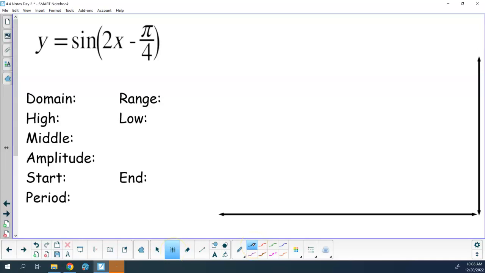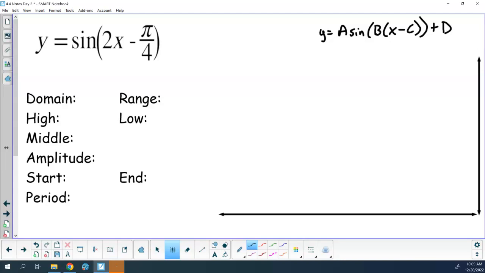Okay? So remember back to a couple of slides ago, we said that y equals a sine of b times x minus c plus d, right? When we got all four of them going on in there.